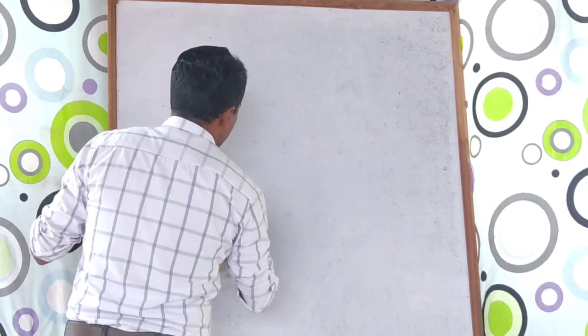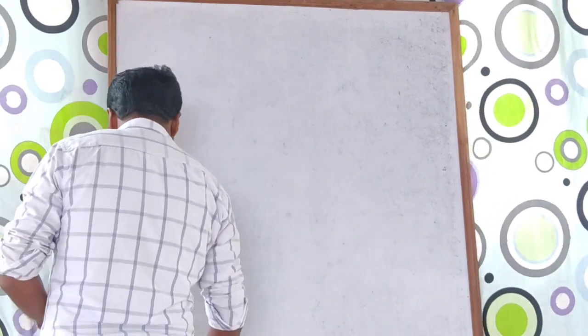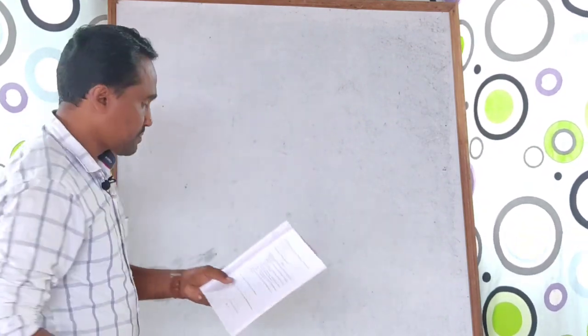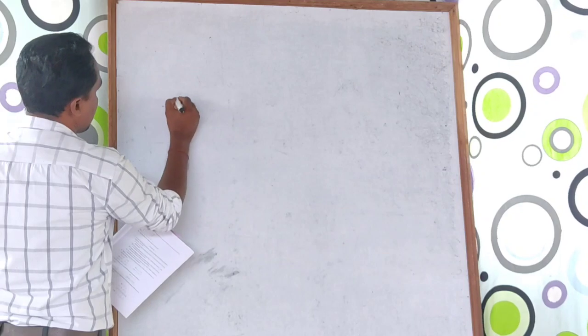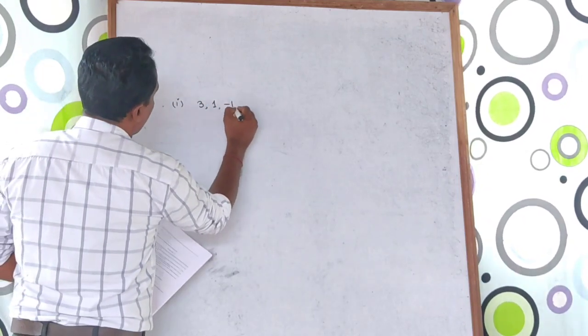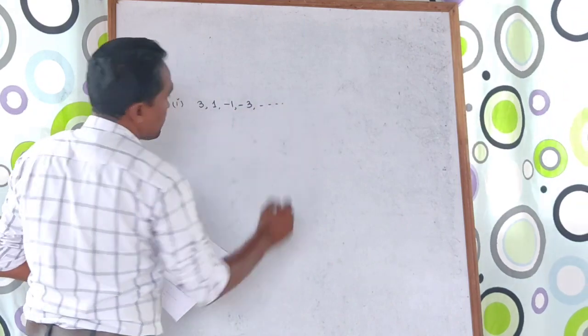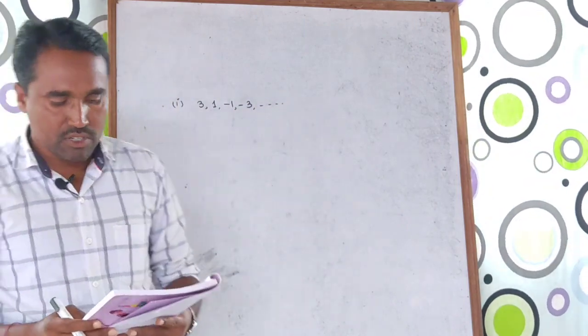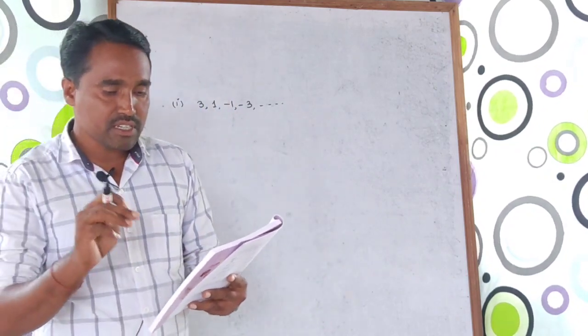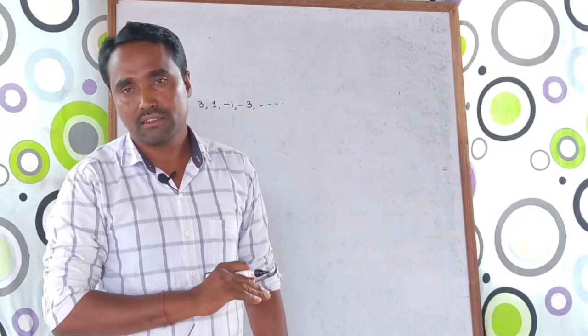Now we will take a few textbook examples here. In exercise 1.1, the first question is given: 3, 1, minus 1, minus 3. We need to write the first term and the common difference.